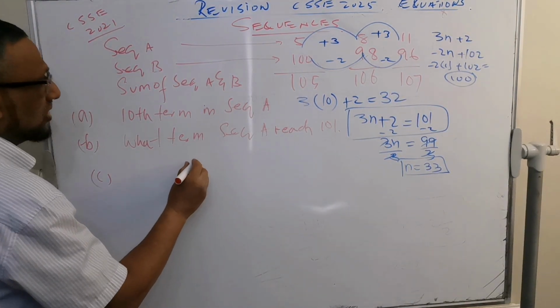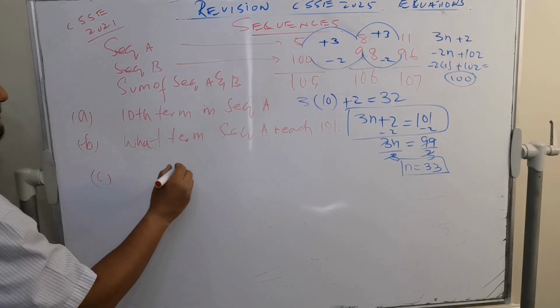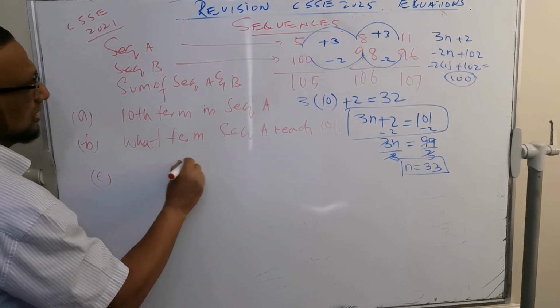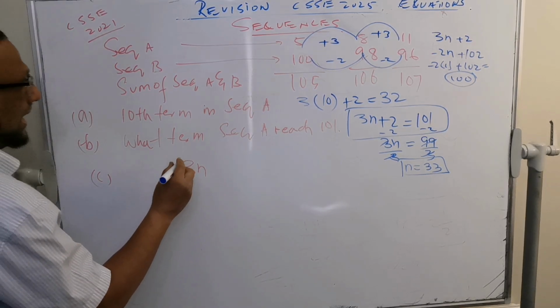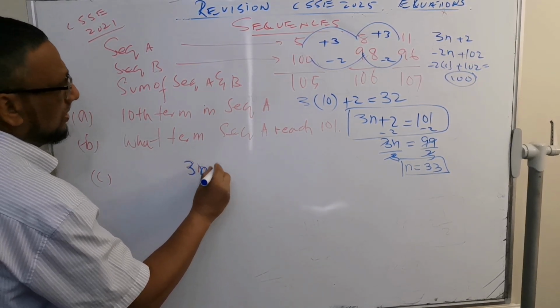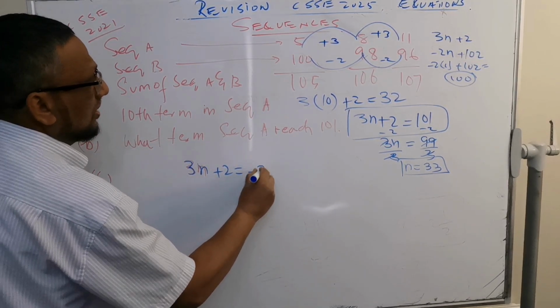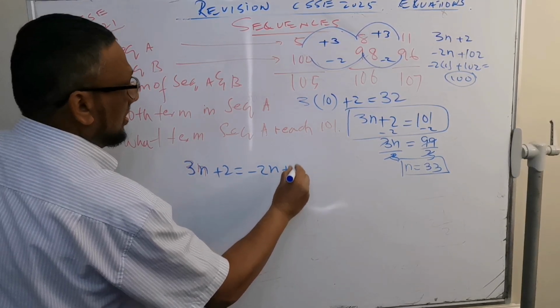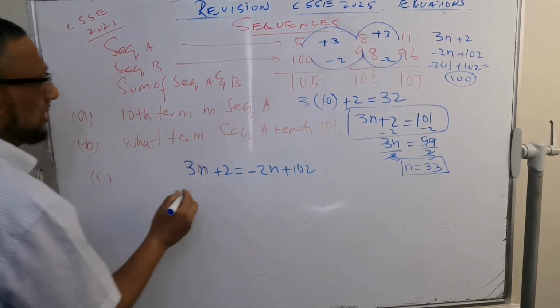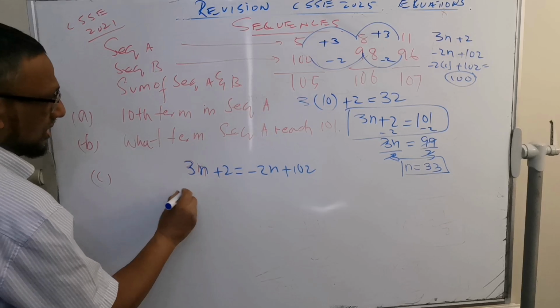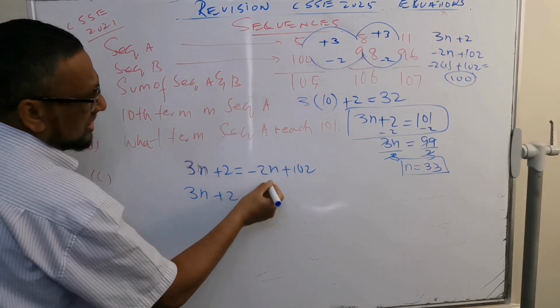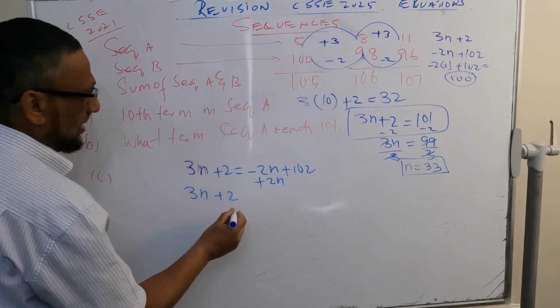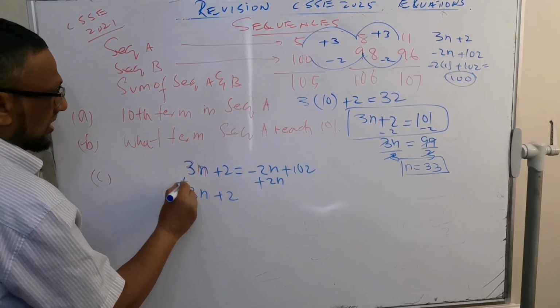So I can write, 3n plus 2 equal to minus 2n plus 102. So look at this one, 3n plus 2. So if it's minus 2n, I'm going to do plus 2n on both sides.